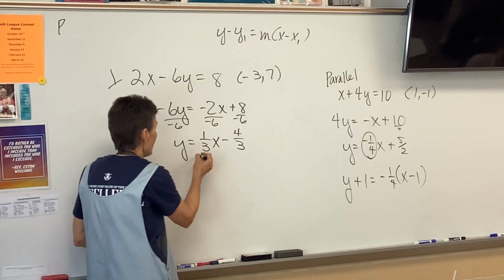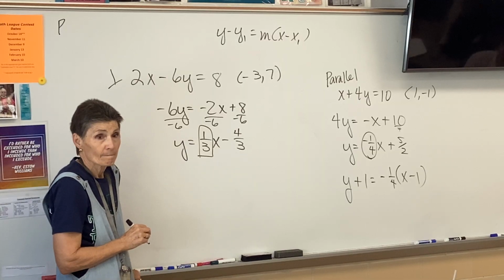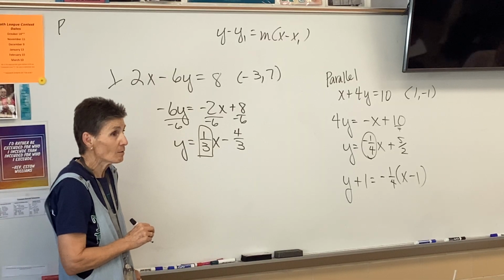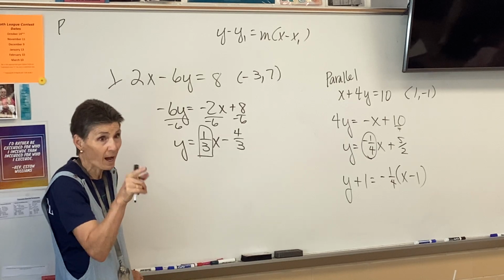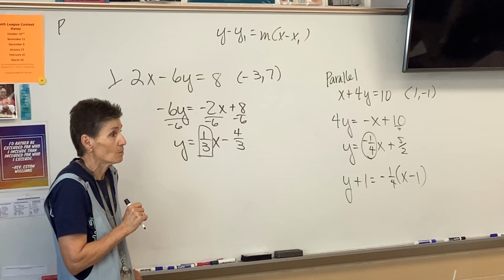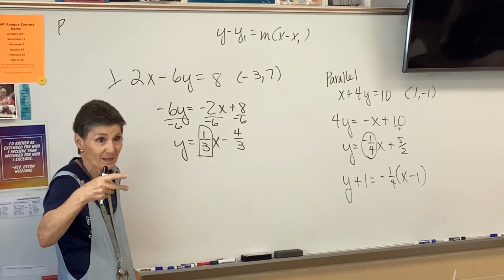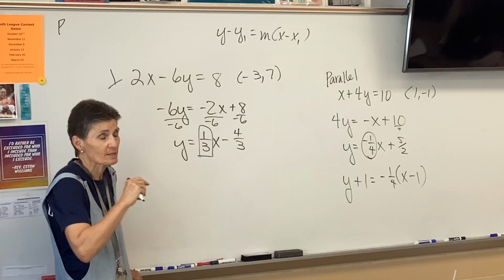So my slope is 1/3. If I were doing parallel, I'd use 1/3, but I'm not. I'm doing perpendicular. So opposite reciprocal. So I flip it and change the sign.